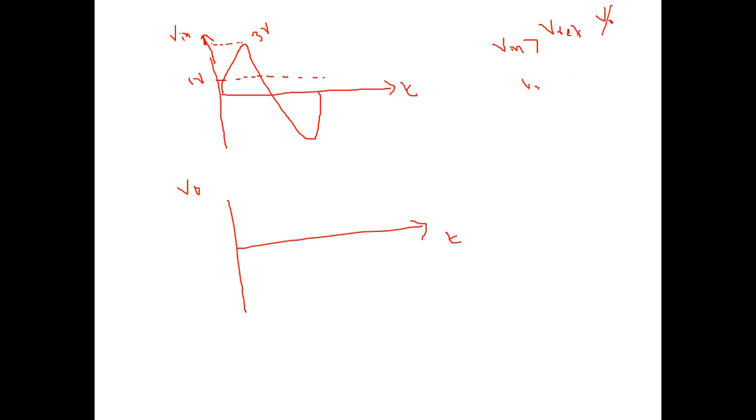If Vin is less than Vreference, we will get output V0. So in this portion Vin is greater than Vreference, so we won't get any output. In this portion Vin is less than Vreference, so we will get the output.